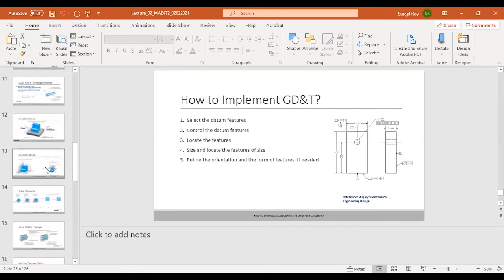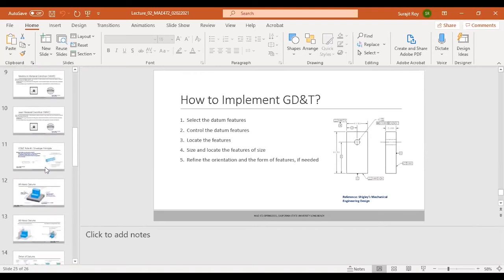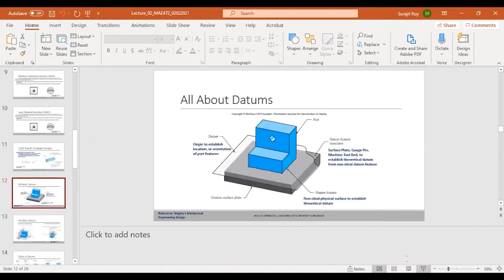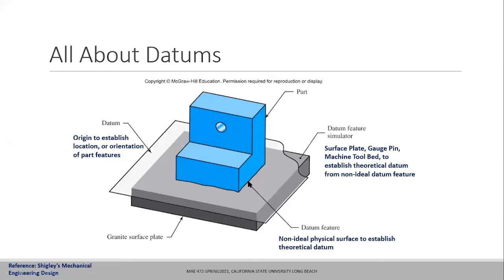Yeah. If I go back to this slide, which is this one we are here. So basically the bottom surface is what we reference in the drawing as a datum, but that is not actually a datum. That is a datum feature. That datum feature is resting on the machine tool bed or the surface plate, and that surface is called the datum feature simulator.